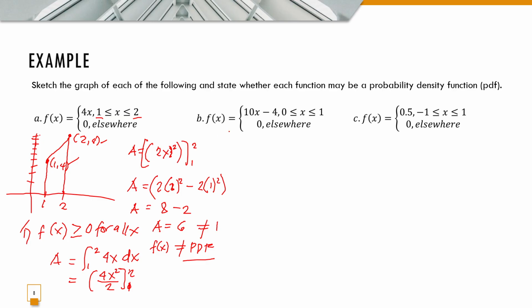So in this case, letter B, f of x is equal to 10x minus 4. The interval is x greater than or equal to 0 and x less than or equal to 1, where 0 elsewhere. For the first property, we need to sketch the graph here. When we substitute the value for our interval, 0, this is negative 4. Our x is 0, this is 1, 2, 3, 4, so this is 0, negative 4.